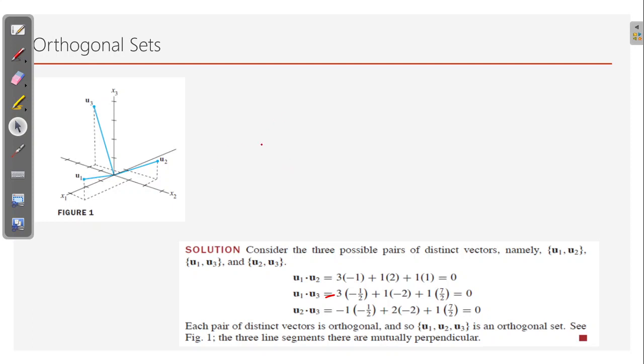If you represent them, you will get these points in 3D space, forming 90 degrees with respect to each other. So these vectors form the orthogonal set.